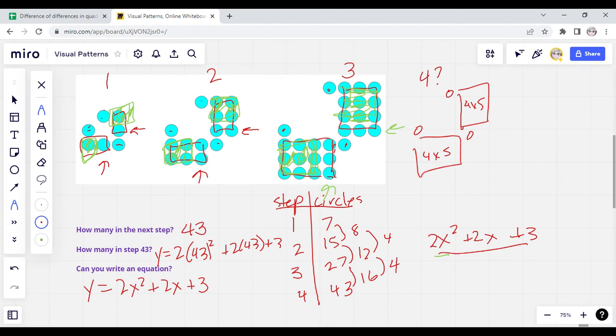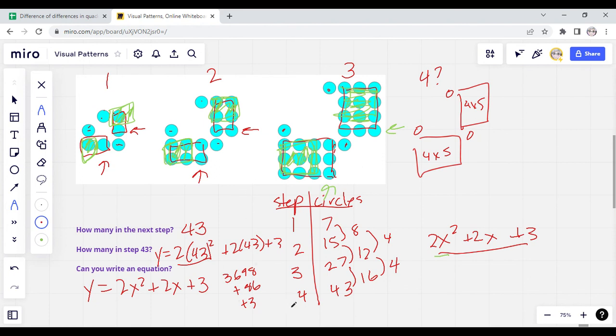So 43 times 43, that's 1849. Now we want to multiply that by 2. So that gives us, so this is just this chunk, 3,698 plus 2 times 43 is 86 plus 3. So plus 86 plus 3.